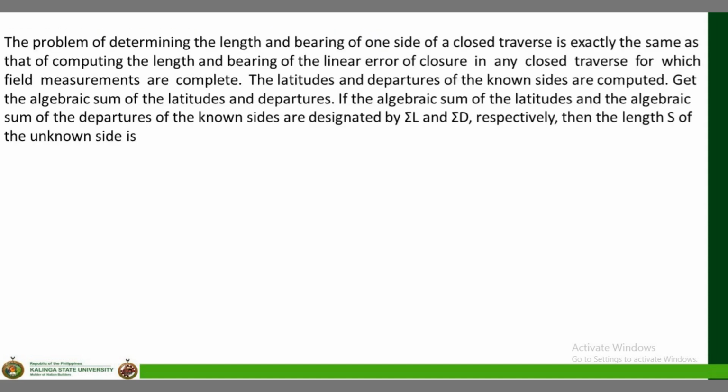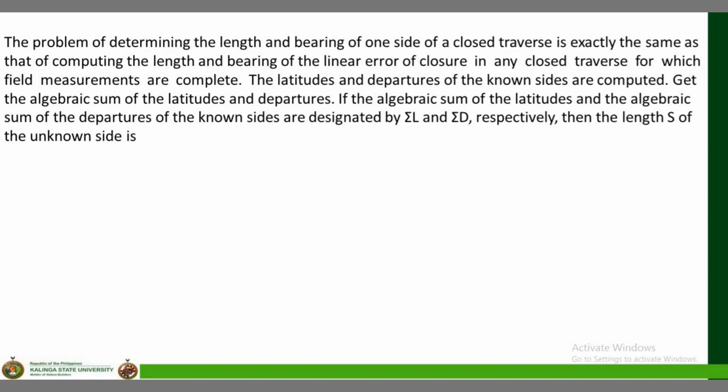The problem of determining the length and bearing of one side of a closed traverse is exactly the same as that of computing the length and bearing of the linear error of closure in any closed traverse for which field measurements are complete. Now, if we try to remember dun sa chapter 5, traversing and traverse computations, we've tackled the linear error of closure.